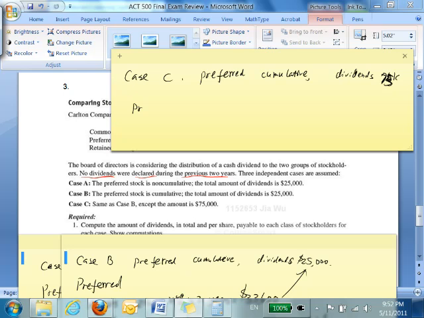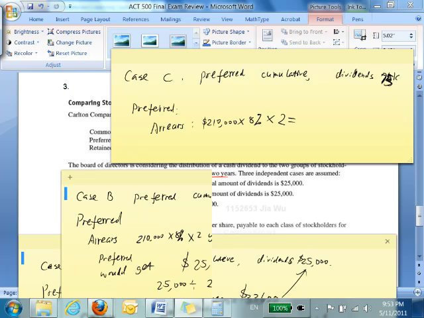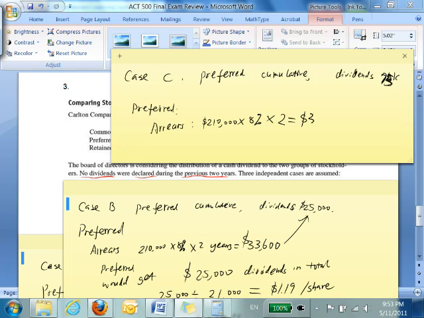So the preferred stock receives dividends in arrears, which is 210,000 times 8% multiplied by 2 years, which we did in case B, 33,600, right?